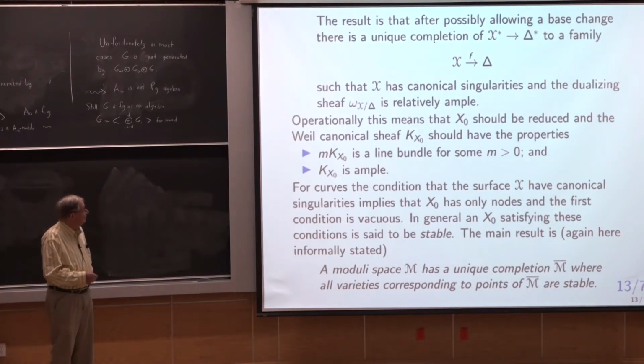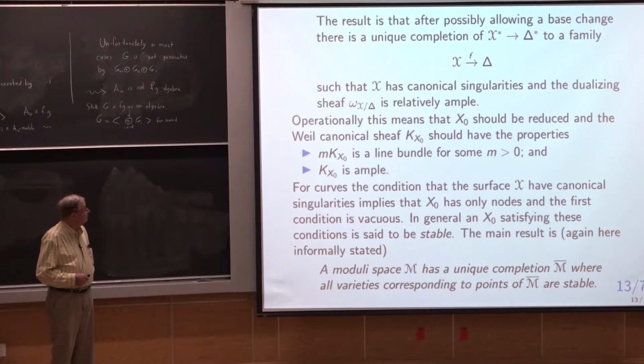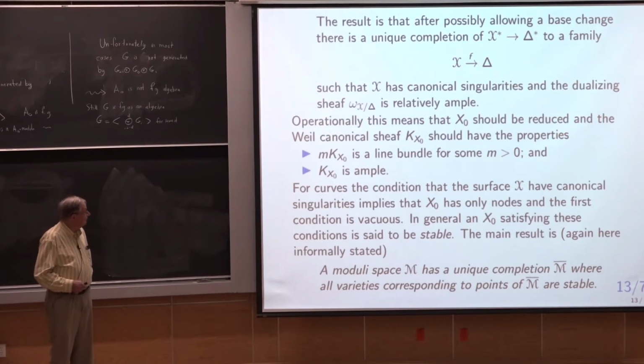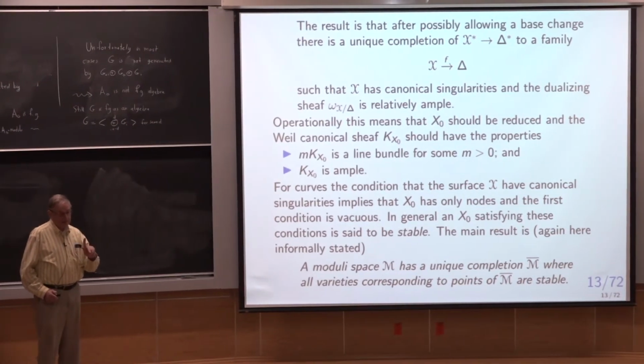And the result is, and this is the Kollár, Shepherd-Barron, Alexeev one, that there is a unique completion where the total space has so-called canonical singularities. I'm not going to explain what these are, but they're the simplest types of singularities that you can get. And the relative dualizing sheaf is relatively ample. So think of that as even in the limit, the variety remains of general type, but where you're allowing your differentials to have some singularities.